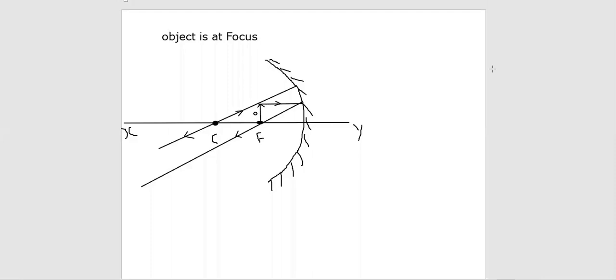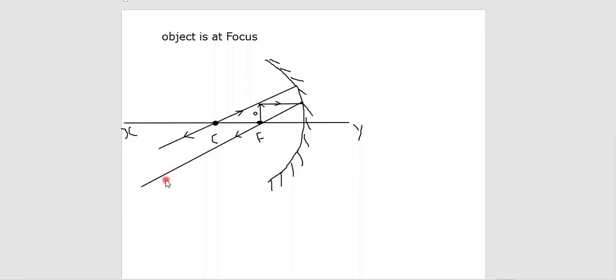So what you have observed in this one: if a ray of light is parallel to the principal axis, after reflection it will pass through the focus. This is the first rule we have learned.